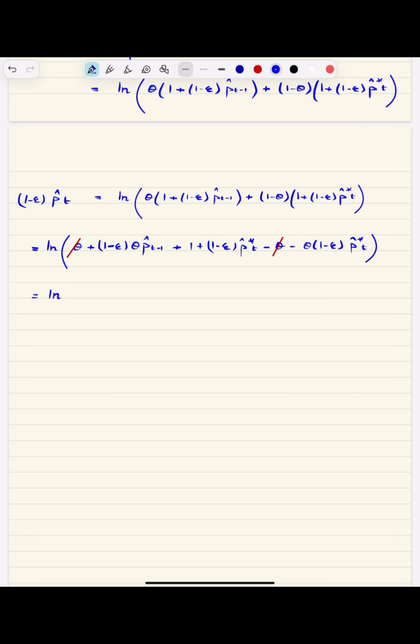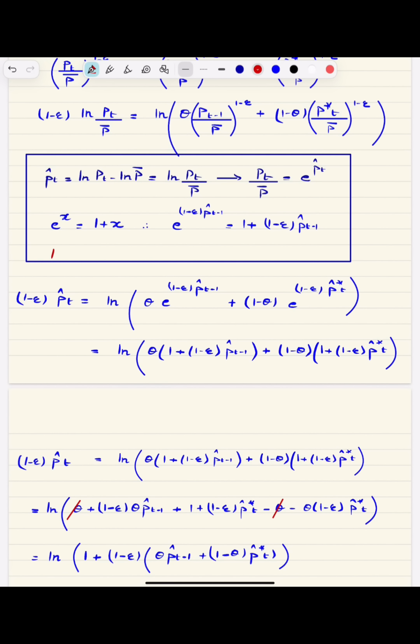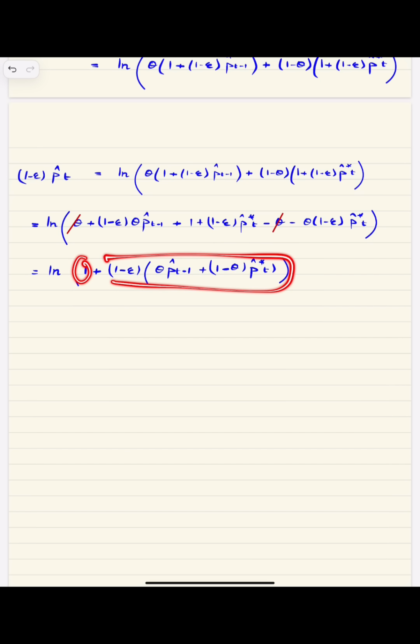We have an ln of a 1, so I'm just writing the 1 here, plus, if I take 1 minus epsilon common, I'll get theta p-hat_{t-1} plus 1 minus theta into p-hat star_t. Remember, for small values we have ln of 1 plus x is the same as x, and since this is a small number, this is going to be equal to this.